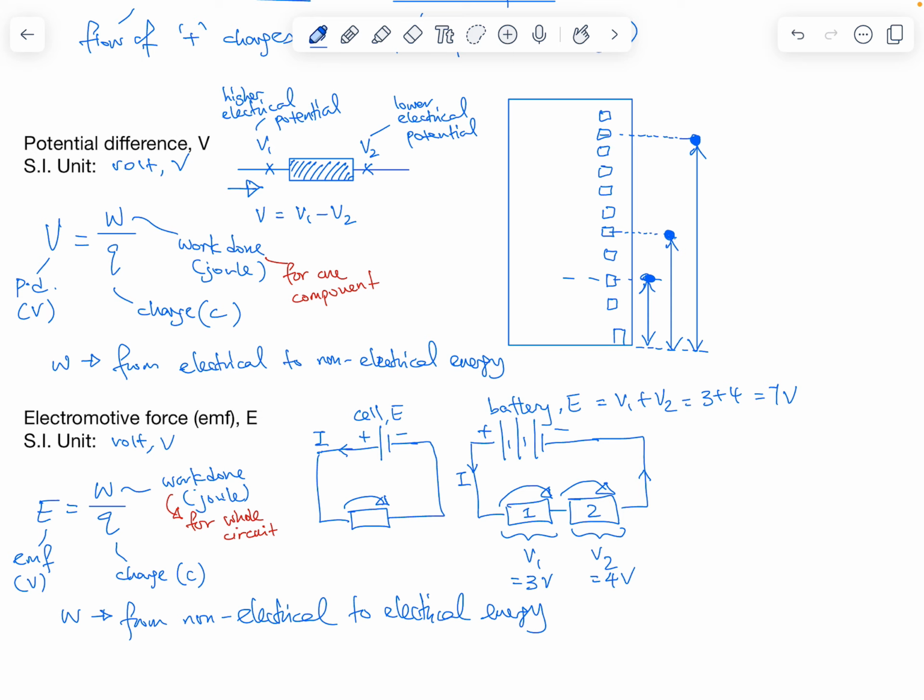Why so? The current flowing is electrical energy. It carries electrical energy to overcome the resistance, the component. So when it passes through a light bulb, the energy converted is from electrical to light energy or heat energy. Whereas for EMF, it is the cell that consists of chemical potential energy or any other kinds of cell that has other forms of energy, but the net result is to convert it to electrical energy so that it can run through the circuit.